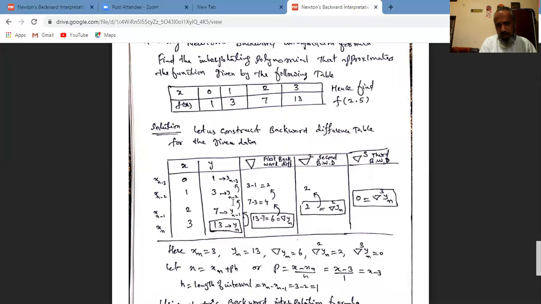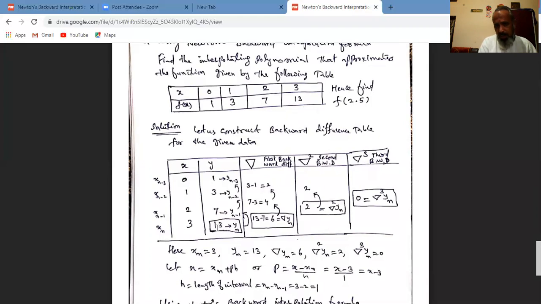Again, 7 minus 3, y_n minus 1 minus y_n minus 2, and this is nabla y_n minus 1, the first backward difference of y_n minus 1. Similarly, 3 minus 1 is equal to 2. This is nabla y_n minus 2. So forward difference is the same, backward difference is also the same, but here we have to find the differences from the bottom.